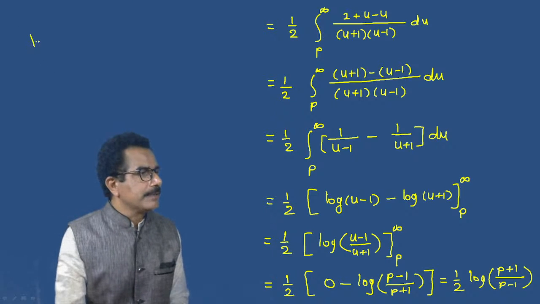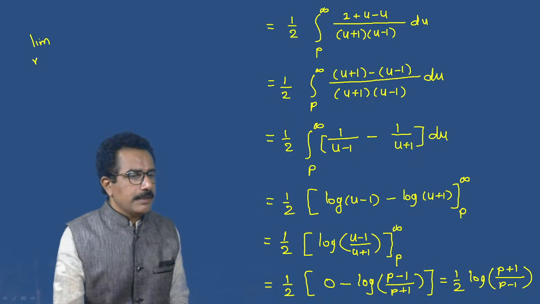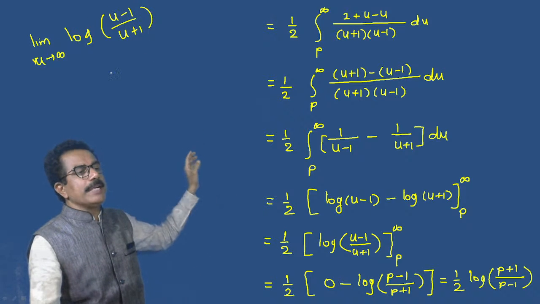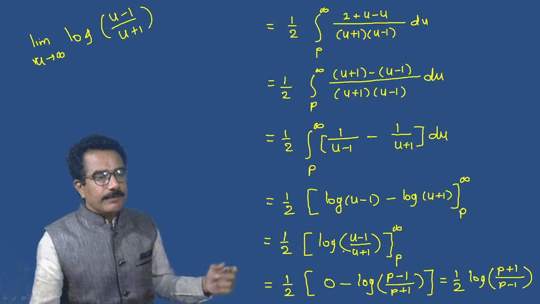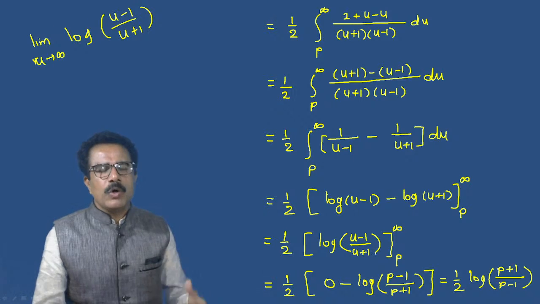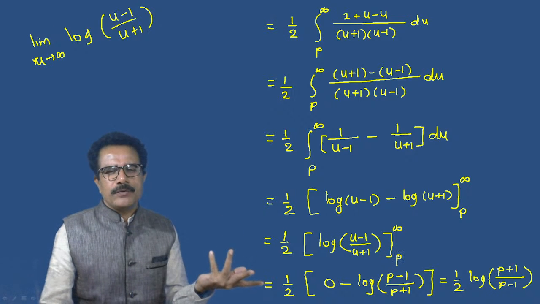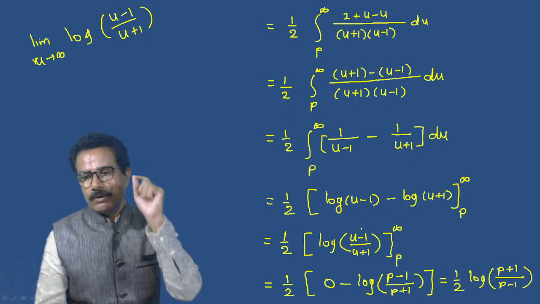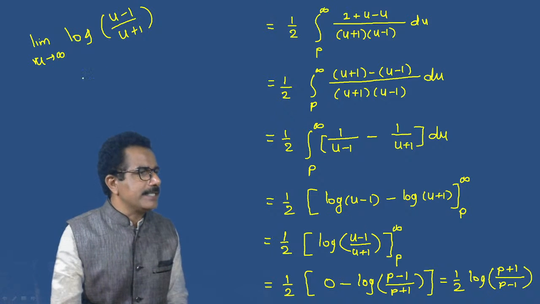So limit u tends to infinity of log of u minus 1 divided by u plus 1. The lower limit is p. It is possible to find the lower limit for this function easily, but our aim is to find out the upper limit. How can we write here?